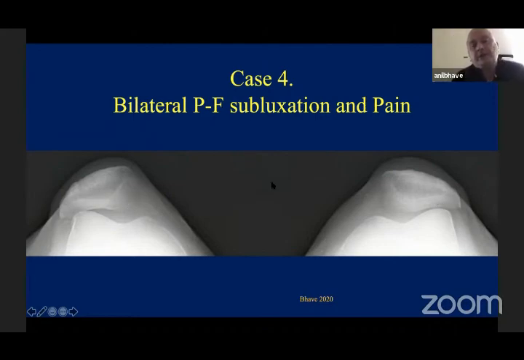So the traditional treatment for this is always lateral retinacular release, with sometimes maybe augmentation of VMO, arthroscopic surgery, and this is done in many, many cases. She was considering that, and then I offered her a treatment after her orthopedic surgeon referred her to me because she was an active runner.